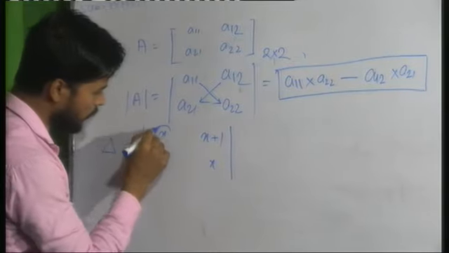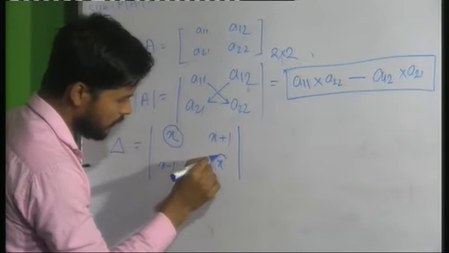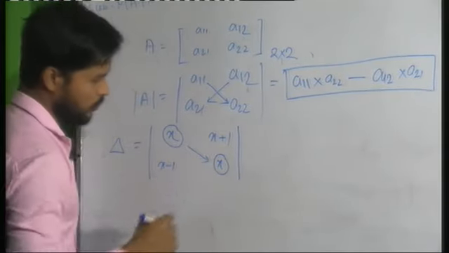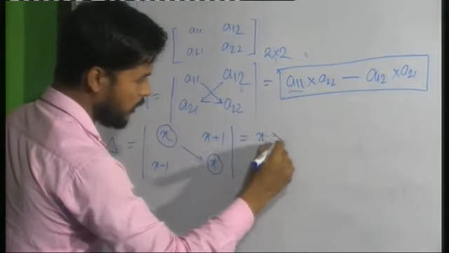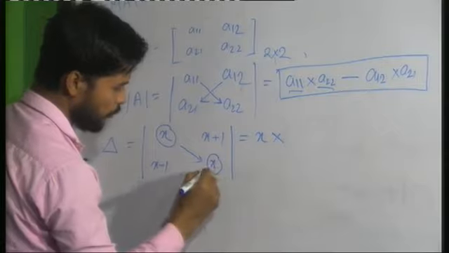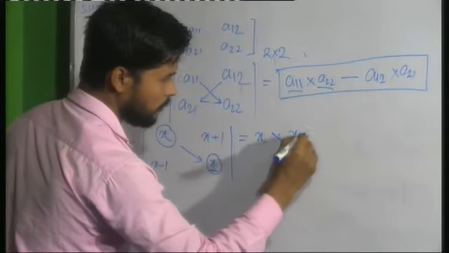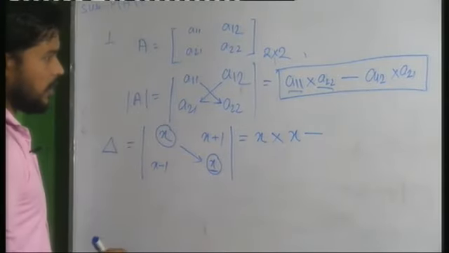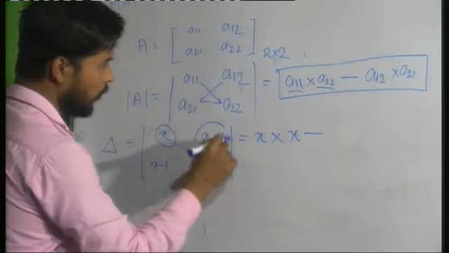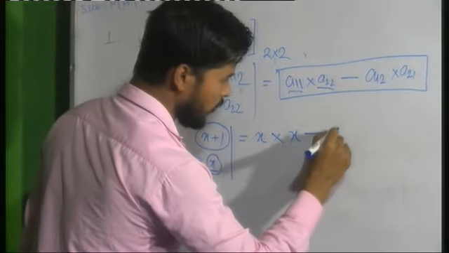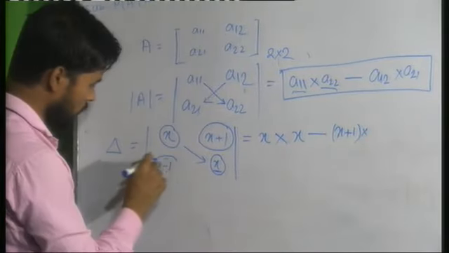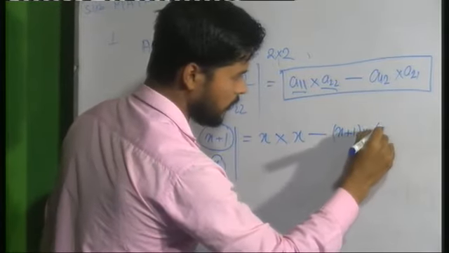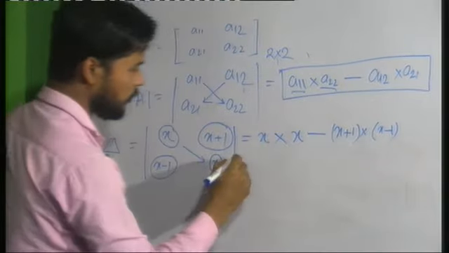Here we have to multiply this element with this element. So x is a11 multiplied with a22, means this element. Put a negative sign here, and then a12 means x plus 1 into this element, x minus 1.